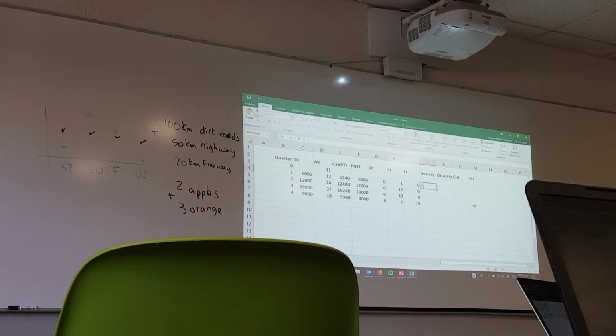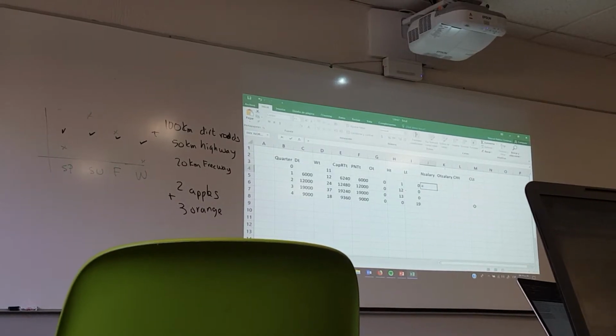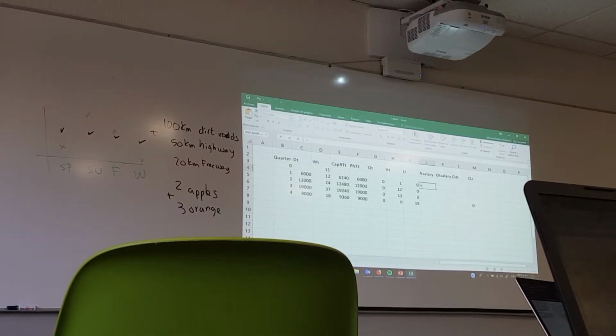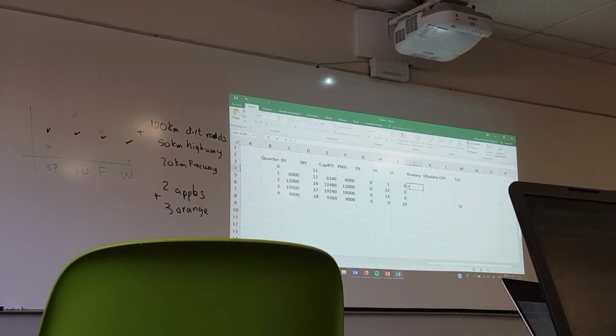Now, normal salary. What was the pay rate? The salary was 6,240 per quarter. My question is, does the 6,240 include idle time? Yes, it does.